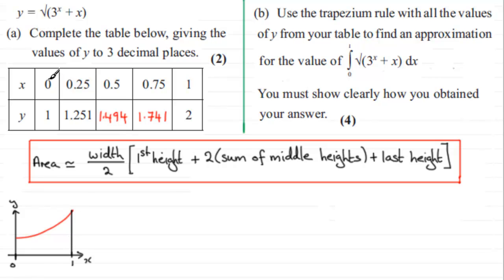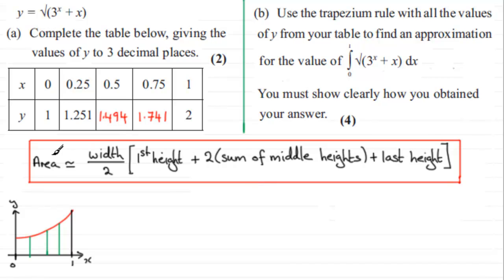We've got intervals where x is 0, 0.25, 0.5, 0.75 and 1. Let's mark those middle ones in here: 0.25, the next one is 0.5, and the next one is 0.75. All those intervals are meant to be the same width, not that my sketch clearly shows it.